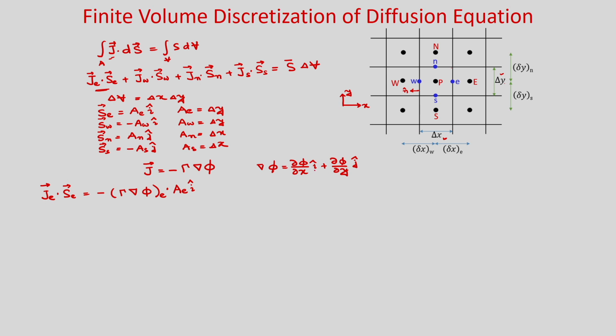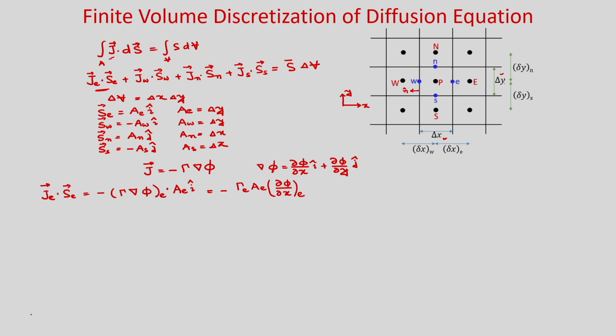So del phi by del x will remain. You can write minus gamma e Ae, and del phi by del x. This gradient you have to find at the face center E.